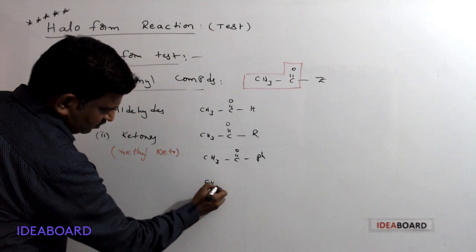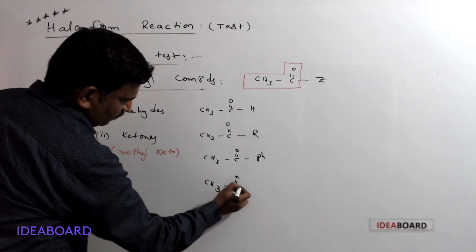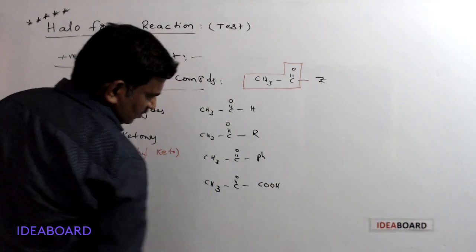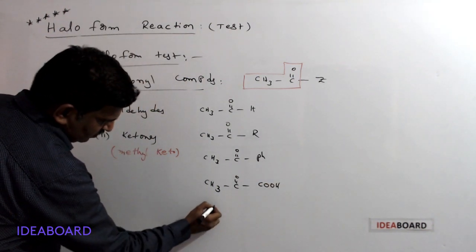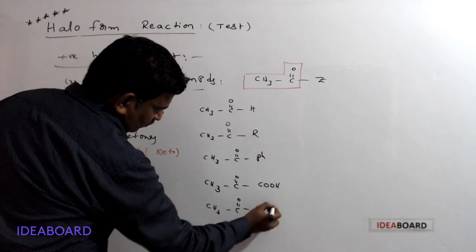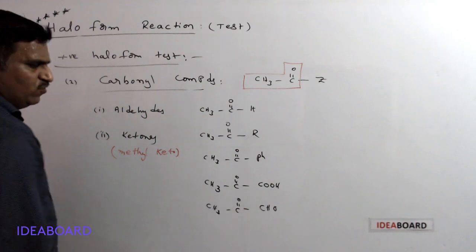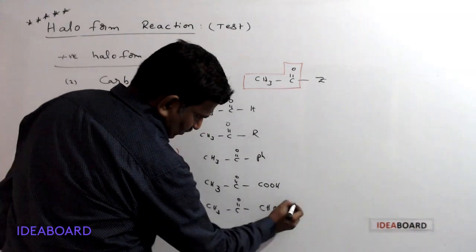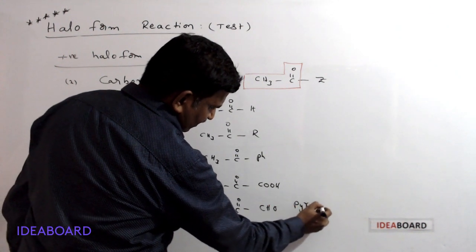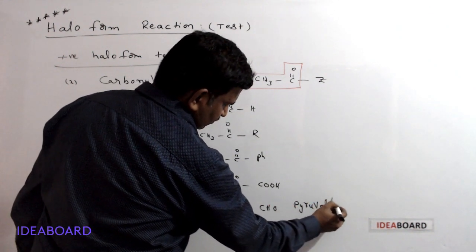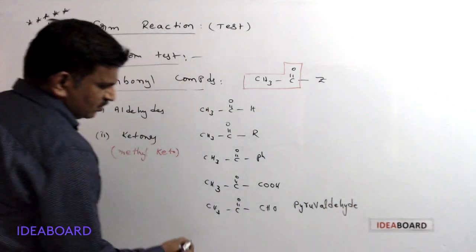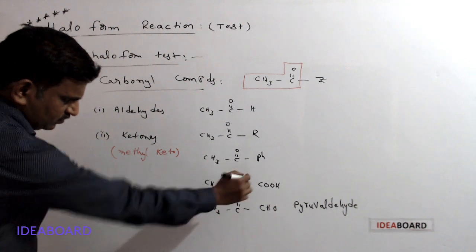Or remember, this is CH3 CO COOH, carboxylic acid, or CH3 CO CHO. This is called pyruvaldehyde.